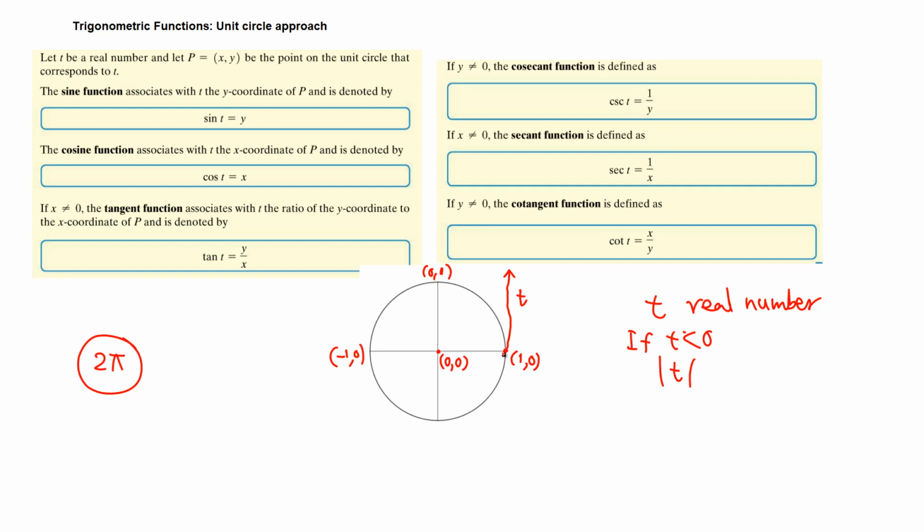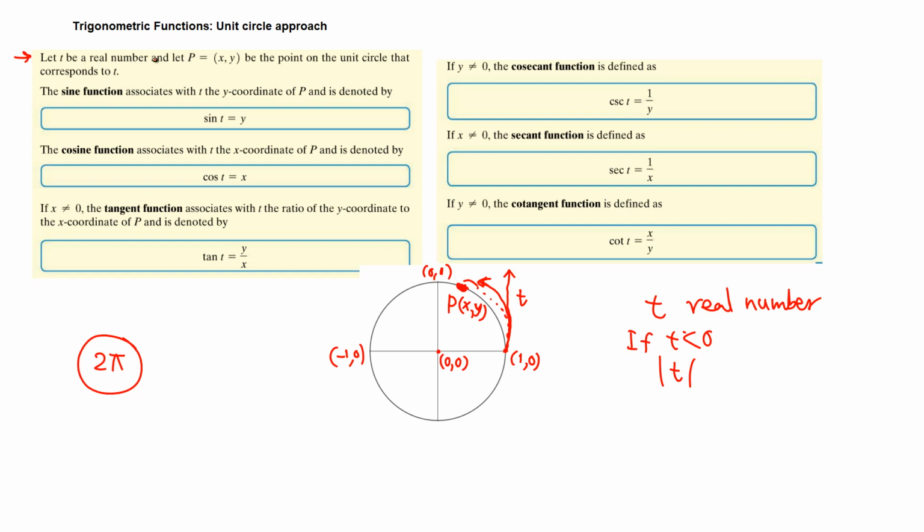Let's say this is t, then we just wrap up to here, and let's say we are here. Okay, and denote this point by P(x, y).